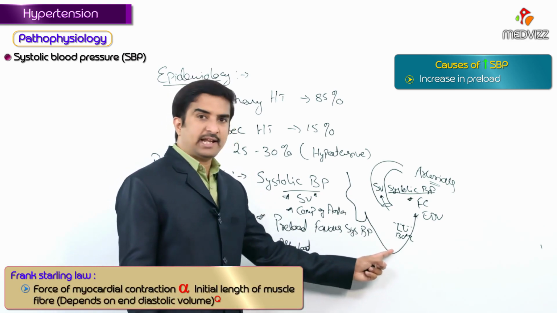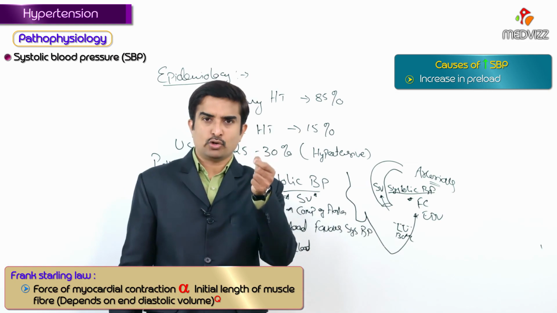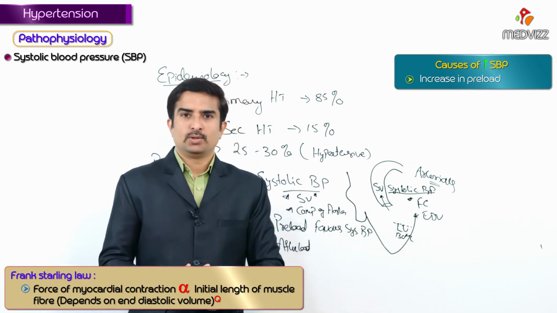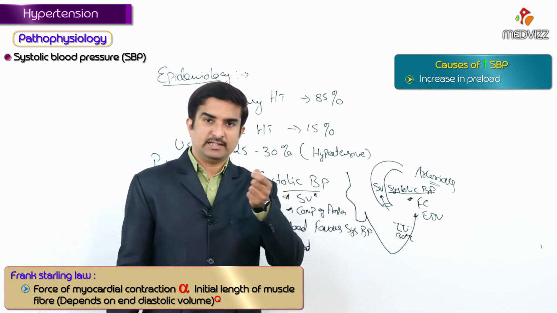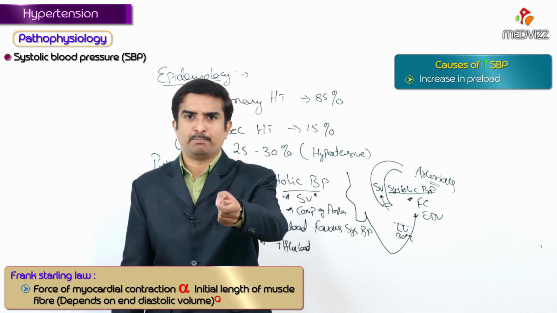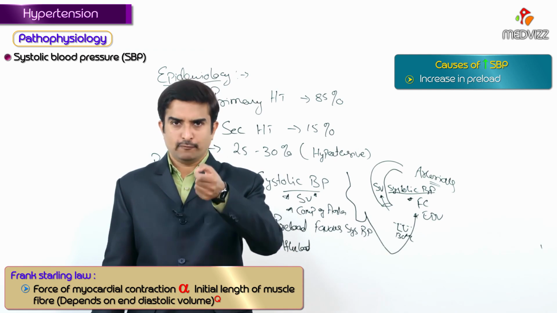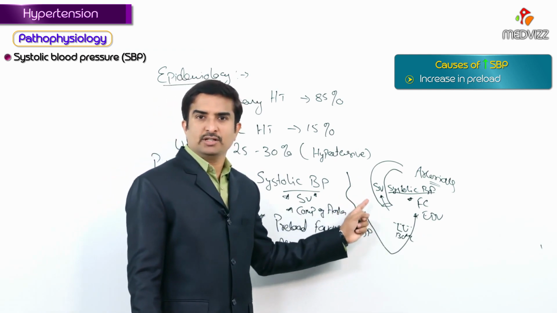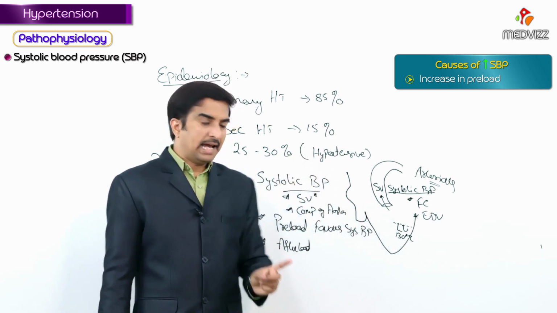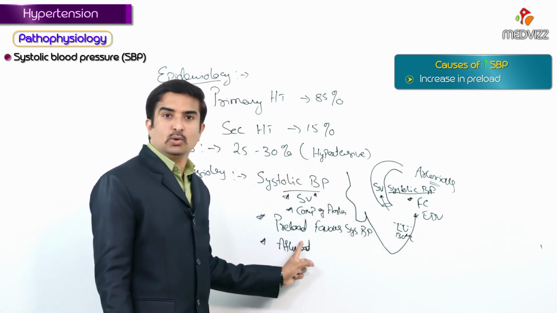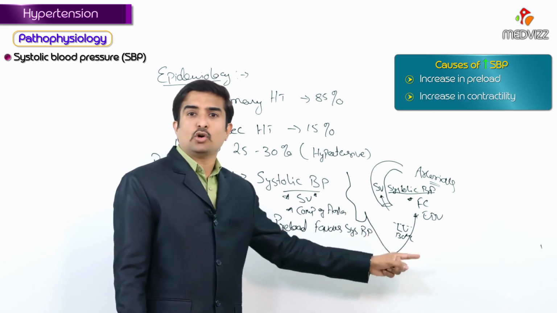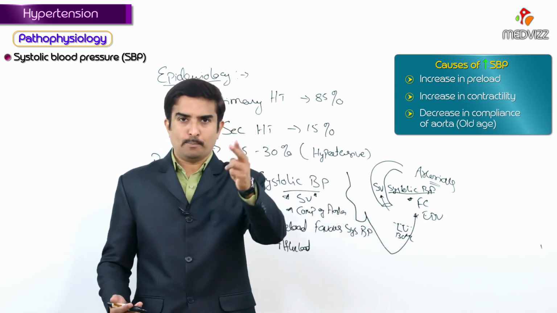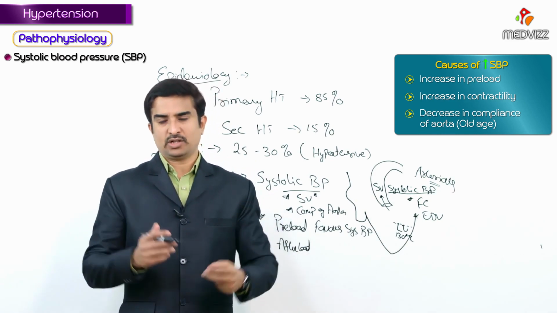The force of contraction exerted by the myocardium is directly proportional to the initial length of the muscle fiber, which depends upon the end diastolic volume. So an increase in the systolic blood pressure is caused by an increase in the preload, an increase in the contractility, or maybe because of a decrease in the compliance of the aorta. This is what we need to remember.